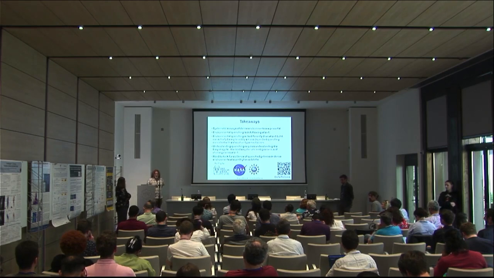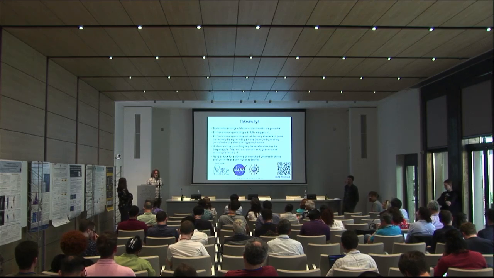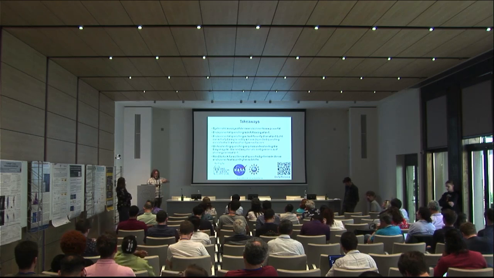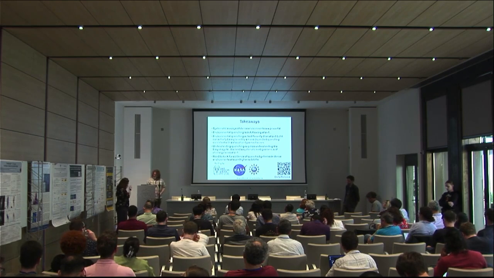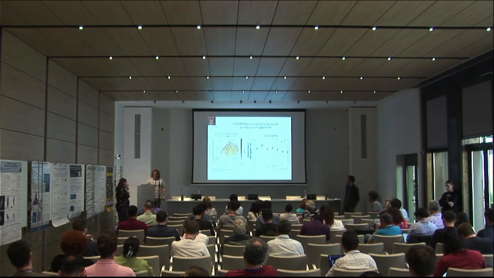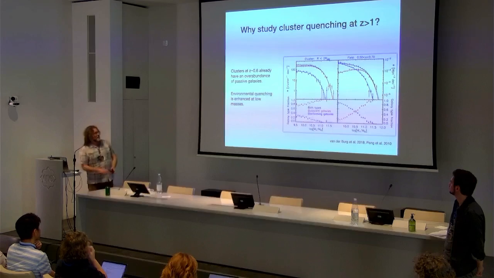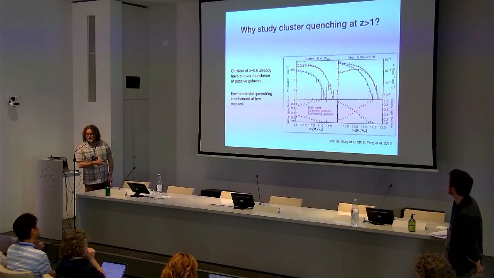So this is actually very different from the Peng expectations, because the Peng expectations claimed that the quenching efficiency for environment was independent of stellar mass, but because of the relative shape of the stellar mass functions, you end up resulting in this very steep mass function for the passive galaxies. So in fact, going back to my intro, this is what you'd expect from the Peng result at lower redshift.